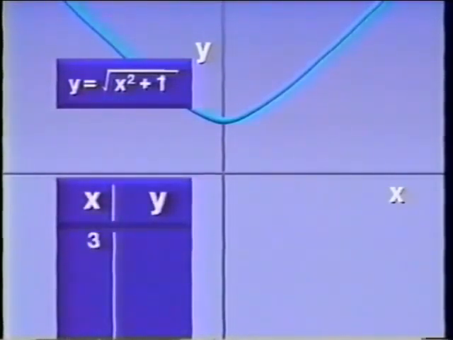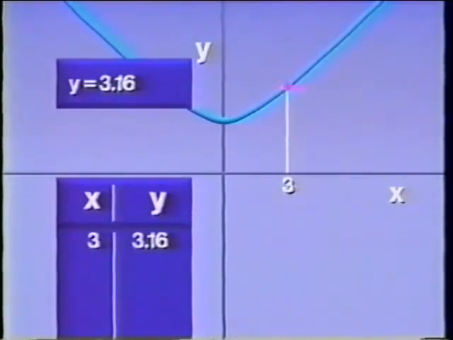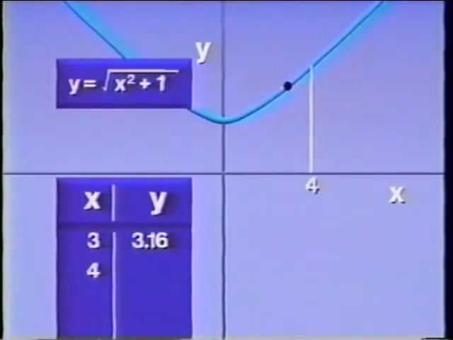When x is 3, then x squared plus 1 is 10, and the root is about 3.16. When x is 4, x squared plus 1 is 17, and the root is 4.12.